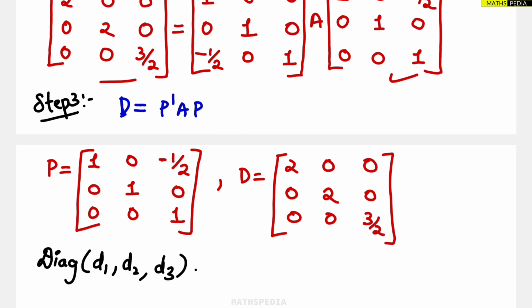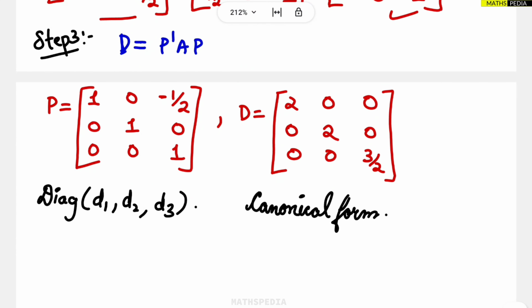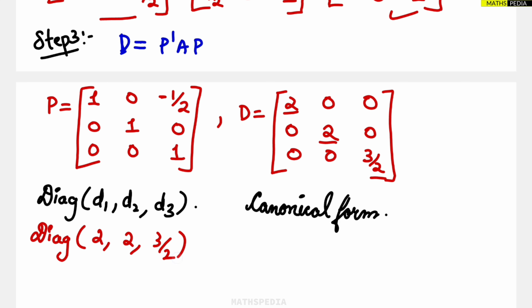And the canonical form, you can write it as the canonical form, because we have to find the canonical form itself, right? So the canonical form of the given quadratic form can be written as follows. What are the diagonal elements d1, d2, d3? They will be 2, 2 and 3 by 2, just copy pasting this part. Now the canonical form becomes what?